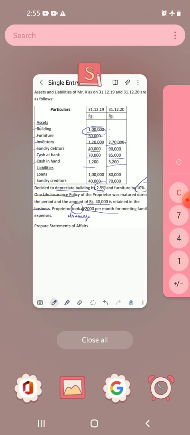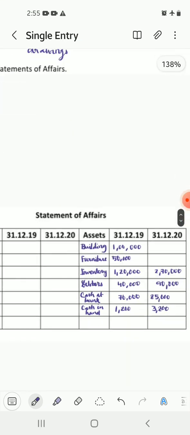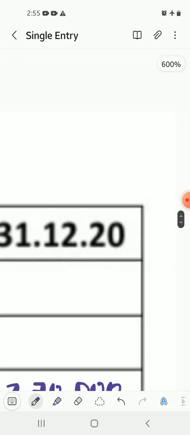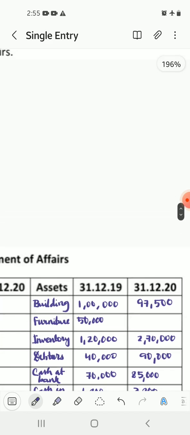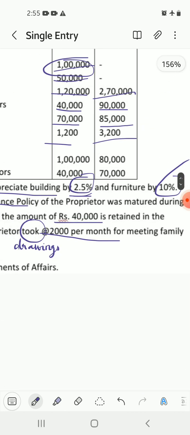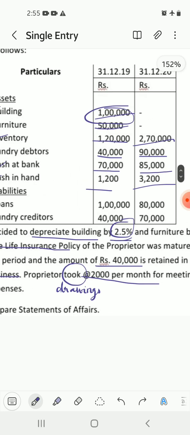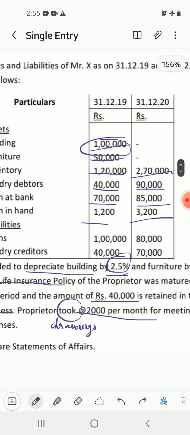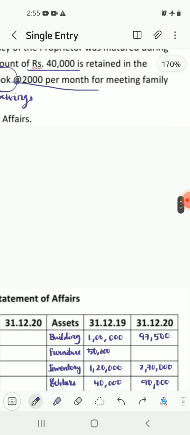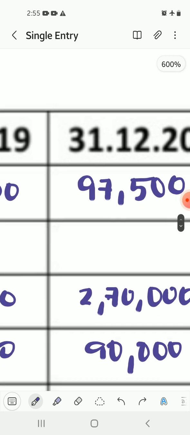So we get 97,500. We are going to write it over here in the next year after depreciation. Next, furniture 50,000 was depreciated at the rate of 10%, you can see. So 10% depreciation deducted from furniture gives 5,000. So deduct 5,000 from 50,000, we get 45,000.